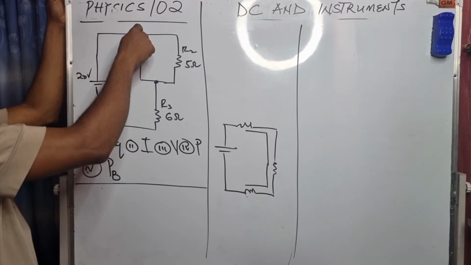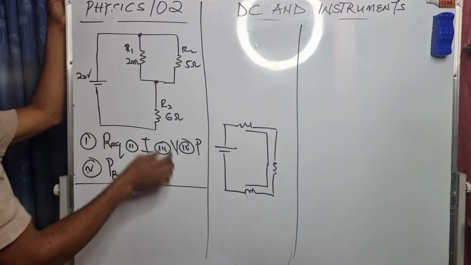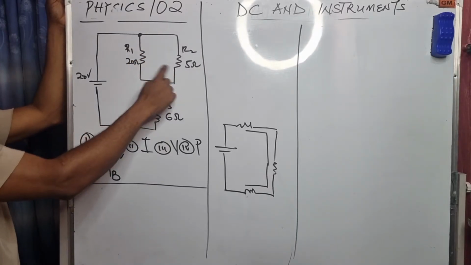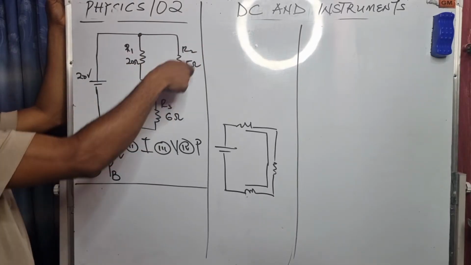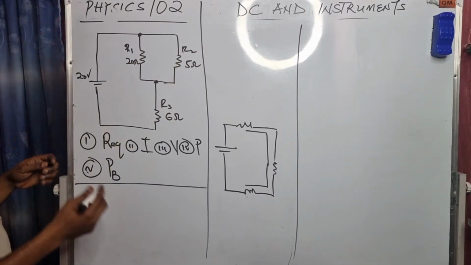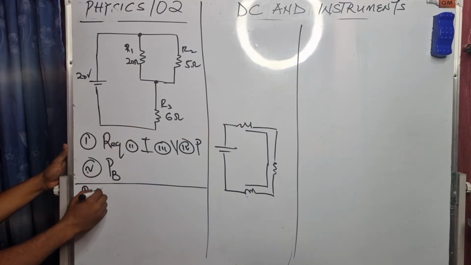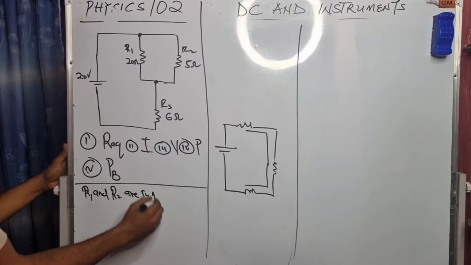There is a junction separating the two resistors. So this makes this circuit to be in parallel. So R1 and R2 are in parallel. Then their combination will not be in series with this. So what we do is to resolve. I'm going to say R1 and R2 are in parallel.